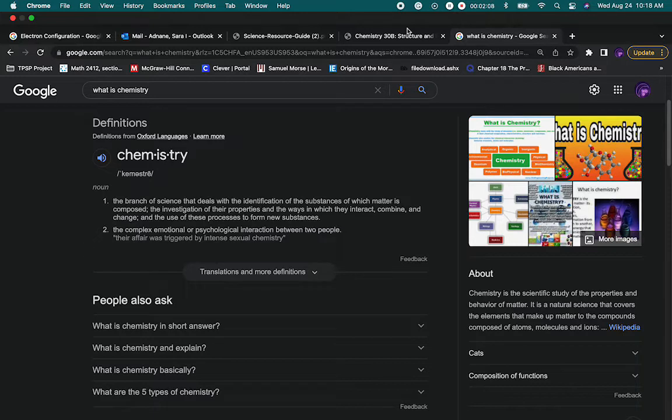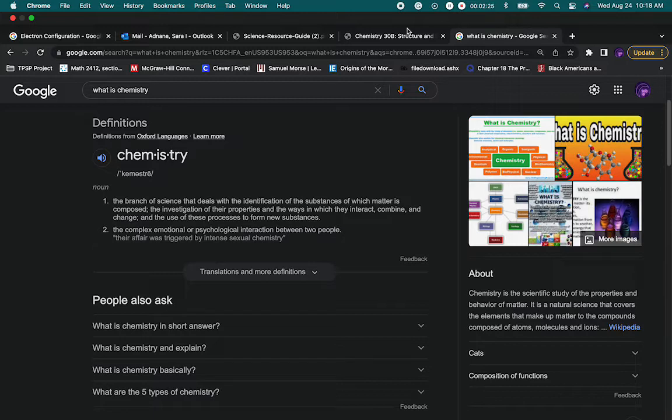If you've taken physics, this may look like a similar definition, but what physics deals with is the physical properties of matter. That means how fast they're moving, so things like acceleration, velocity, speed.